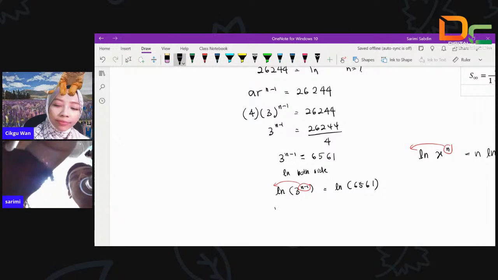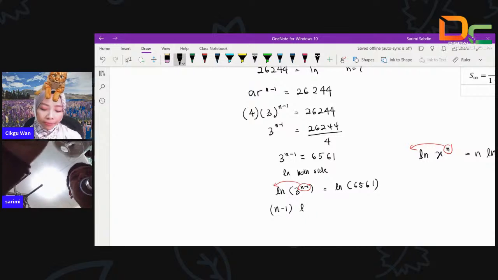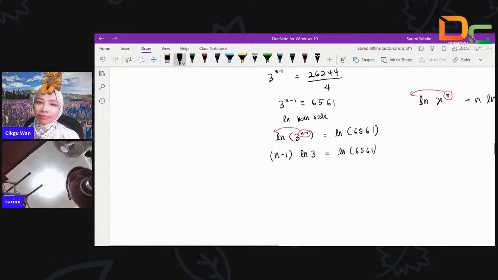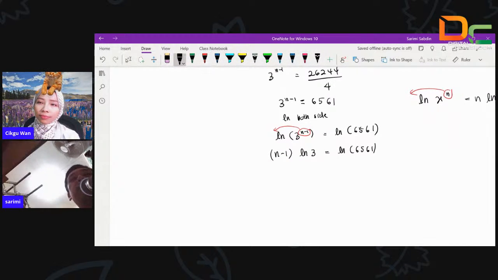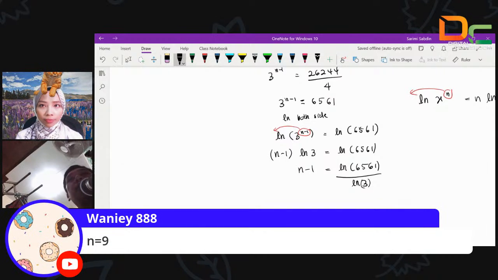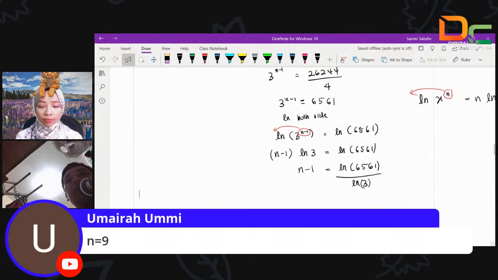So it becomes n minus 1 times ln 3 equals to ln 6561. Then we divide both sides by ln 3. So n minus 1 is equal to ln 6561 over ln 3.